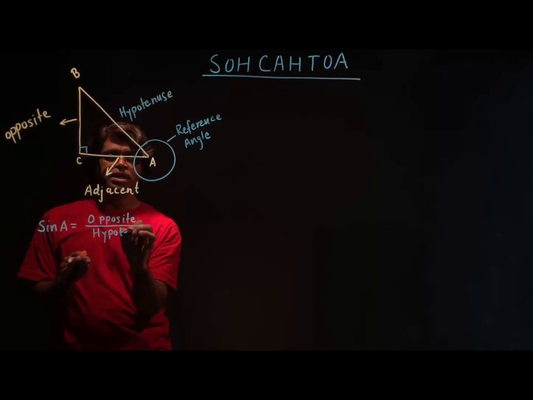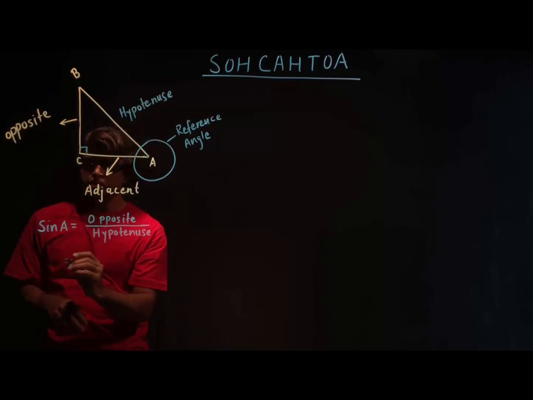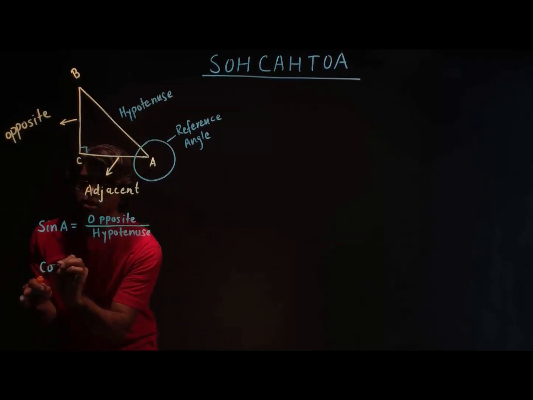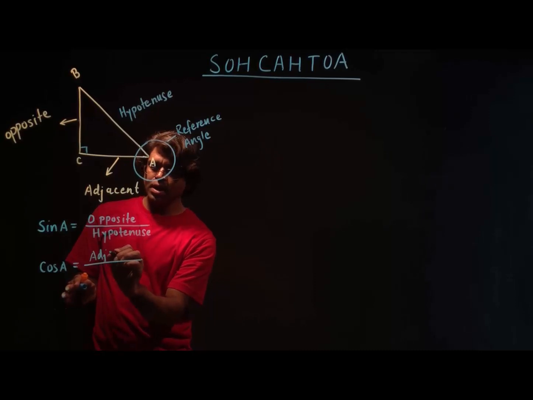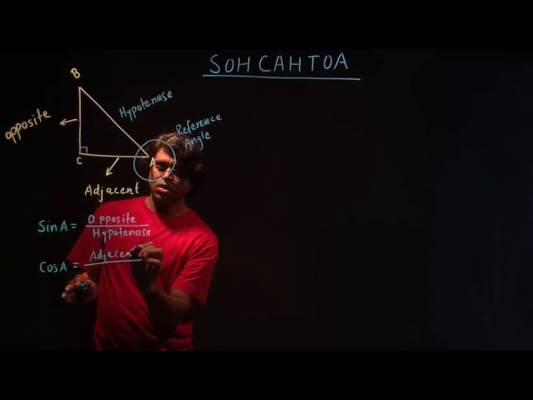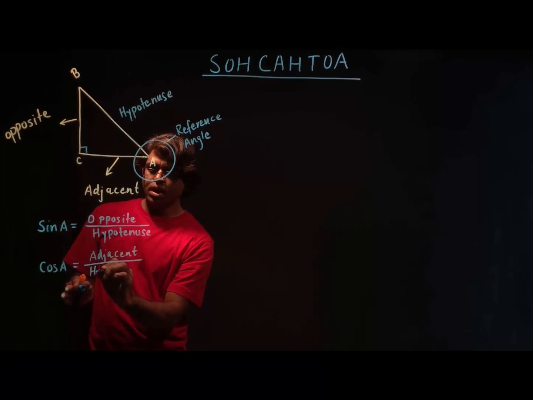My second trigonometric ratio was cosine A, and cosine A is adjacent over hypotenuse.